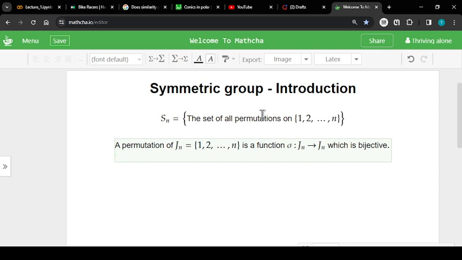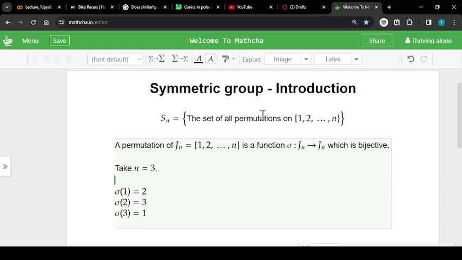As a simple example, let's take n equals 3. You could define a permutation sigma which sends 1 to 2, 2 to 3, and 3 to 1.